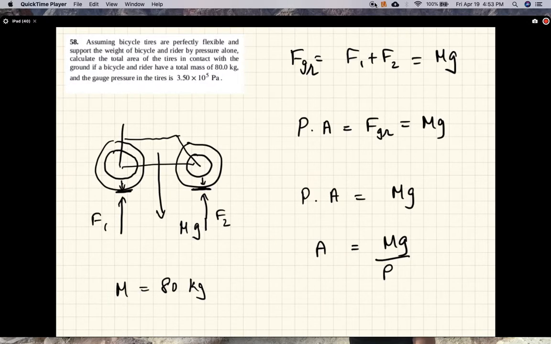Alright, before we do that, let's add a page. Okay, so area is equal to the weight to be supported divided by gauge pressure plus atmospheric pressure.